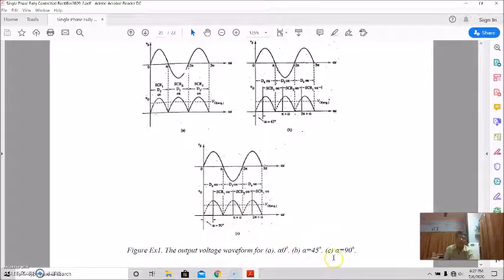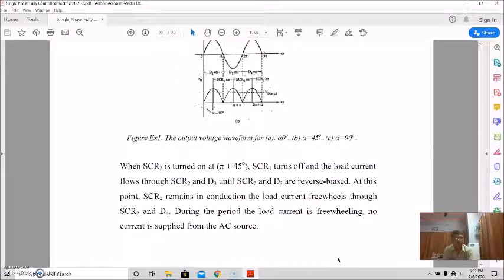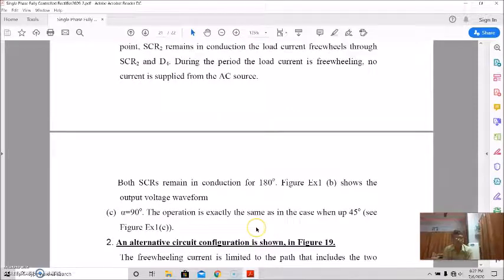So I think that clears your idea about how this waveform is modified with the difference of the firing angle or delay angle alpha from 0 degree, 45 degree, then 90 degree.